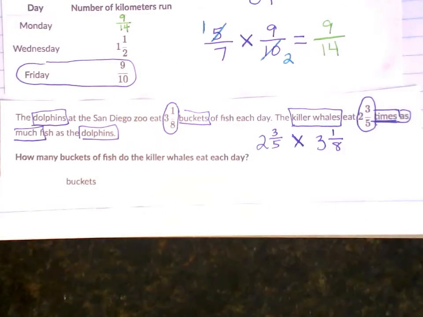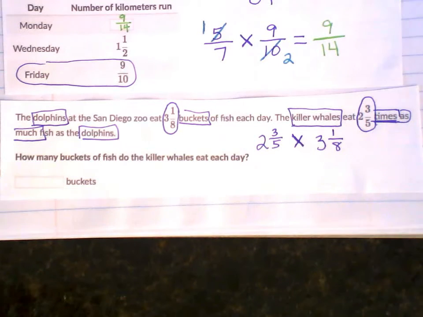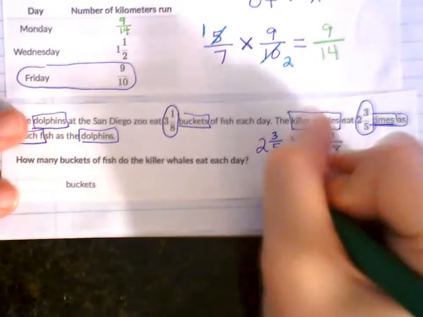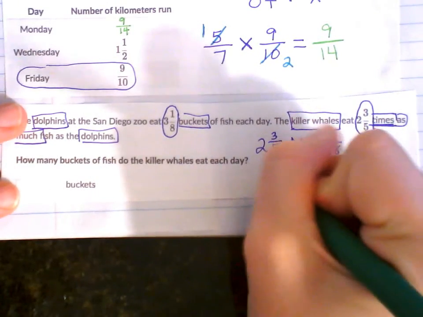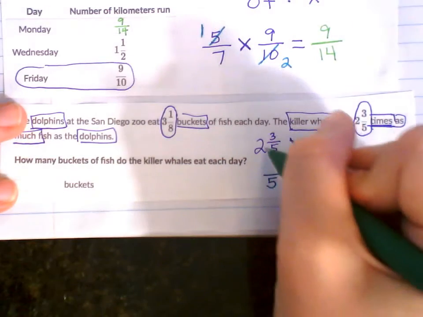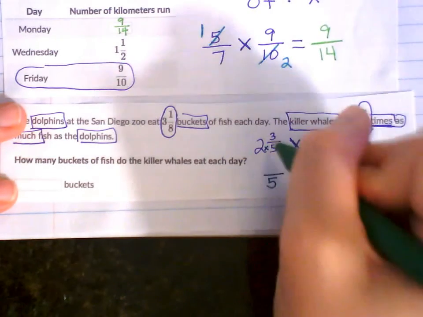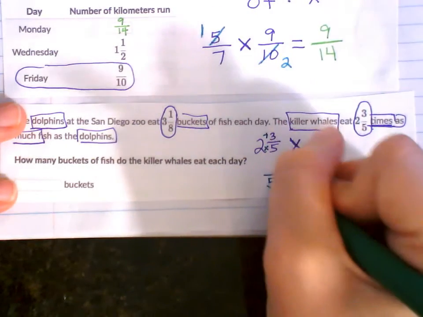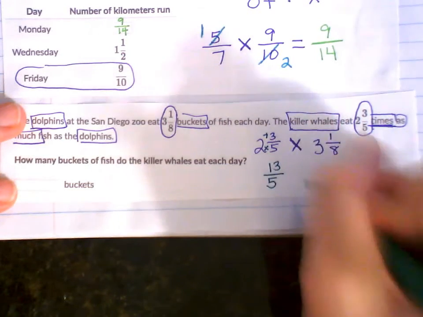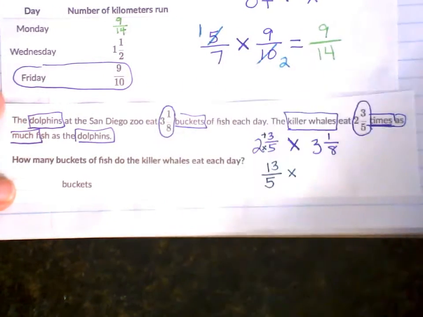Okay, we have 2 mixed numbers. What do we do with mixed numbers when you're adding, subtracting, multiplying, dividing? Change them to improper fractions. So keep the denominator 5. 5 times 2 is 10, plus the 3 on the top is 13. Bring down the multiplication sign.